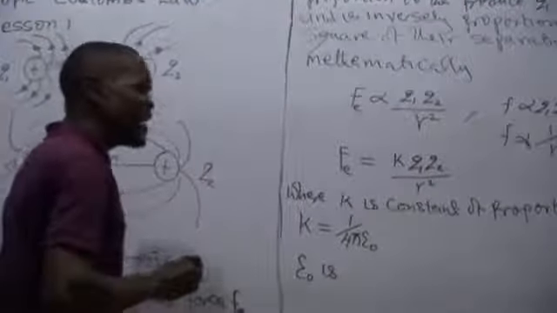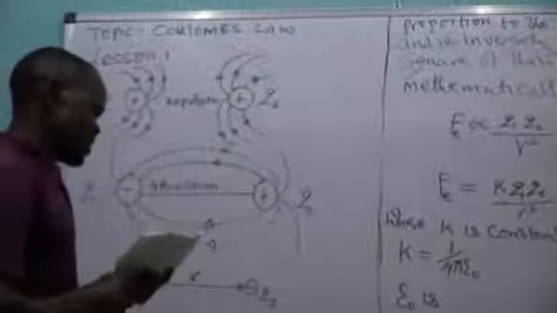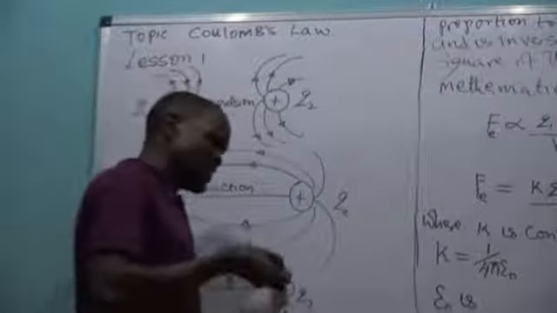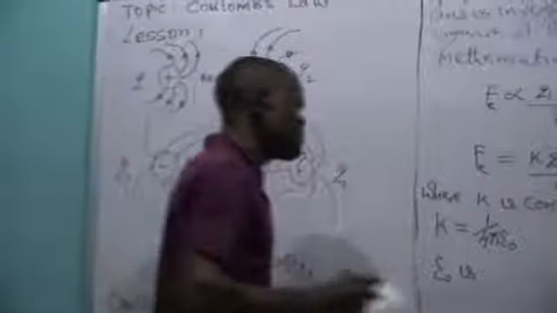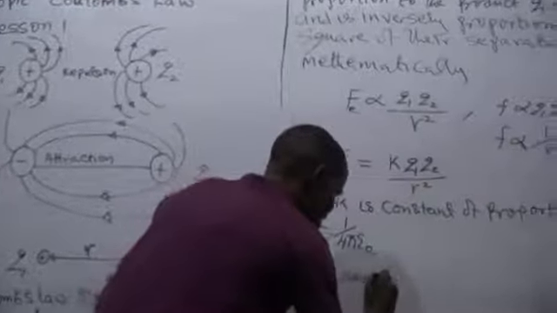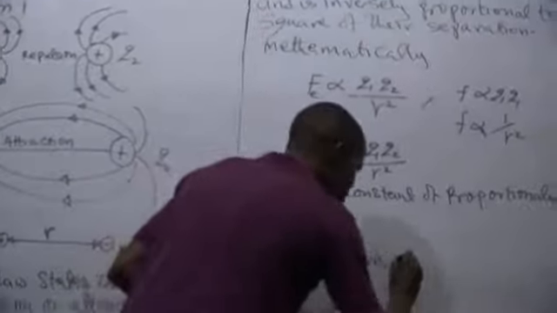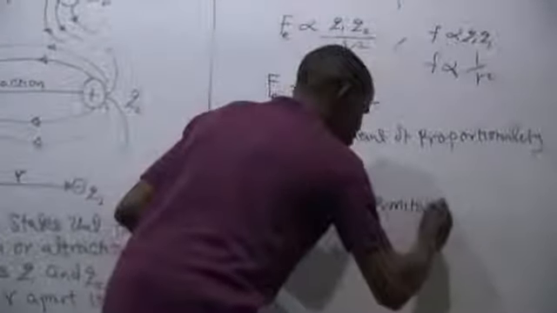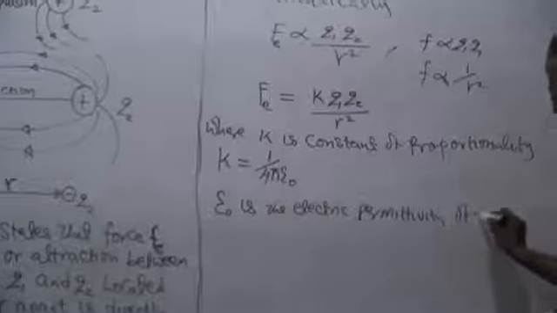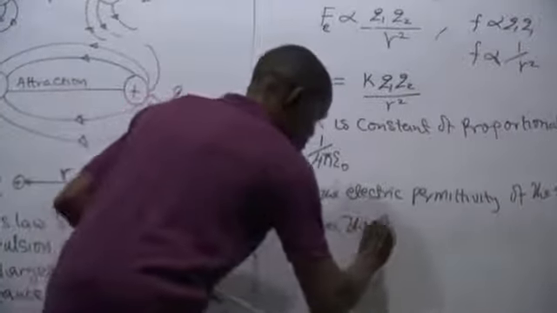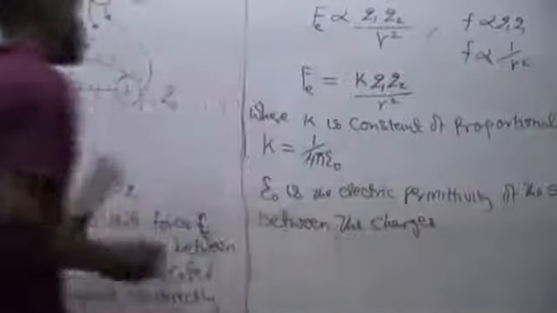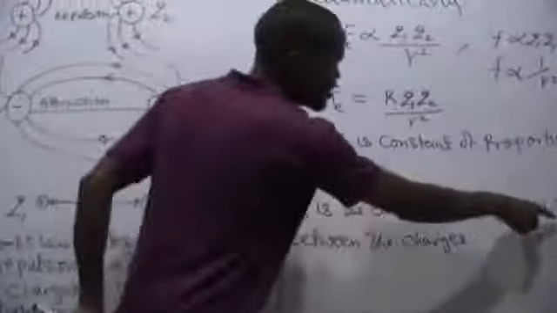Where epsilon O is the electric permittivity of the space between the two charges.